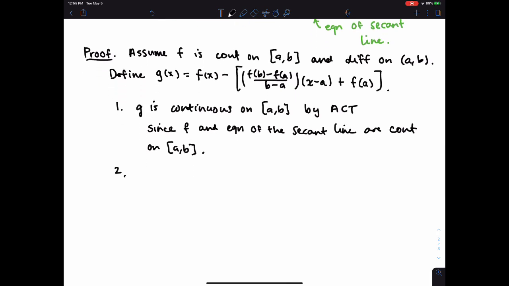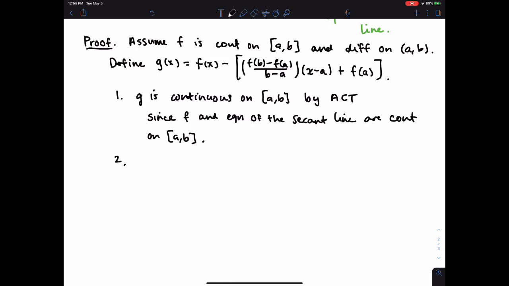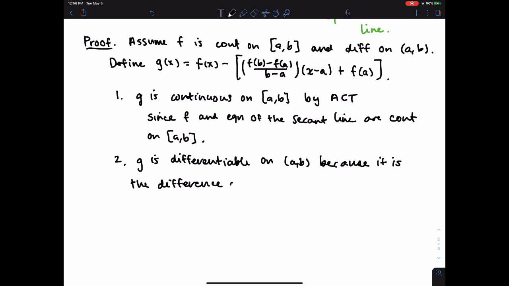And then similarly, I know that g is differentiable on (a, b) because it is the difference of differentiable functions. What I'm using here is the algebraic differentiability theorem, which we abbreviate ADT.